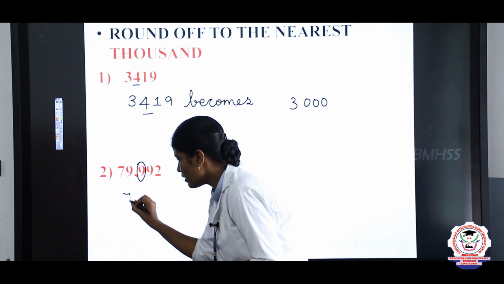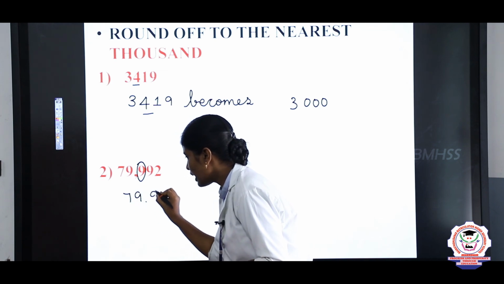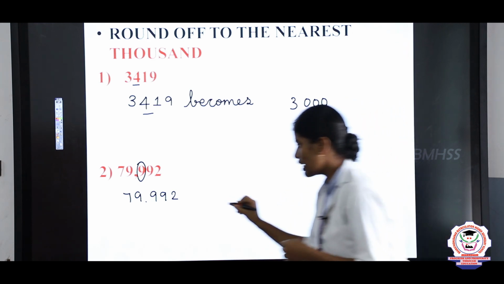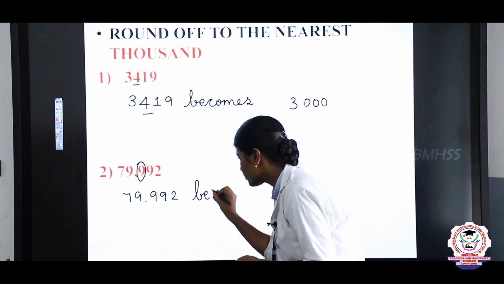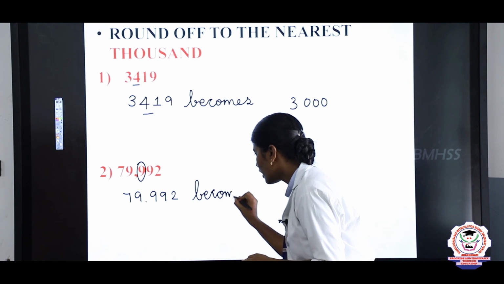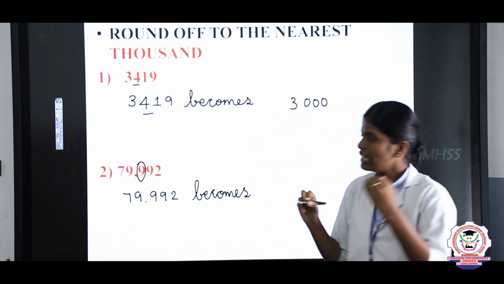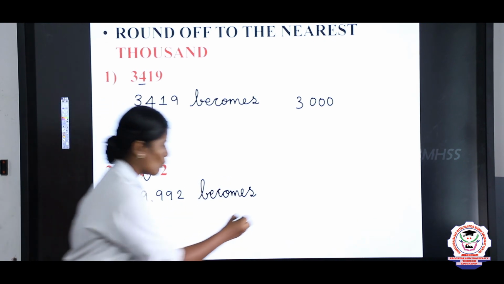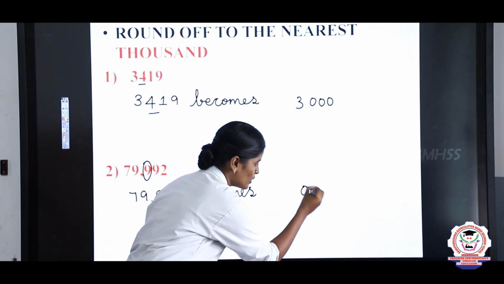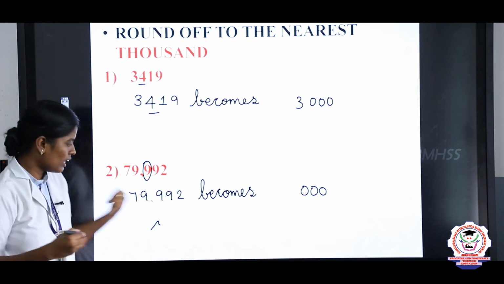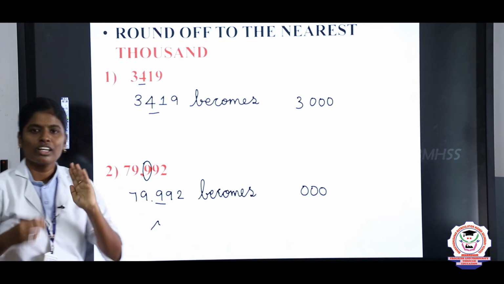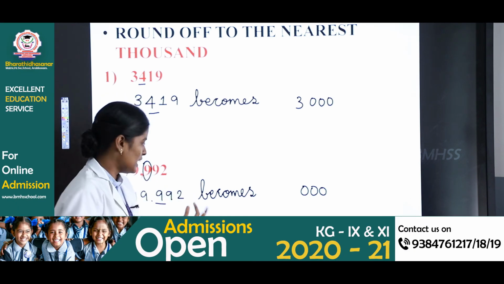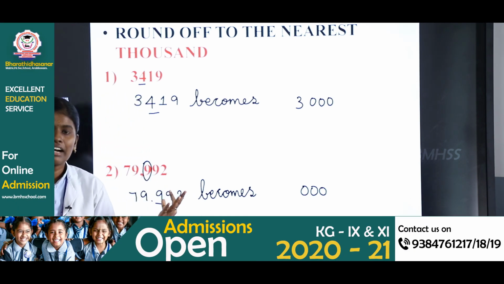Take 79,992. 79,992 becomes, in the answer... so insert 3 zeros: 1, 2, 3. Now we check the hundreds place value. Is it a 5 before number or a 5 after number? Listen children, 9 is a 5 after number.